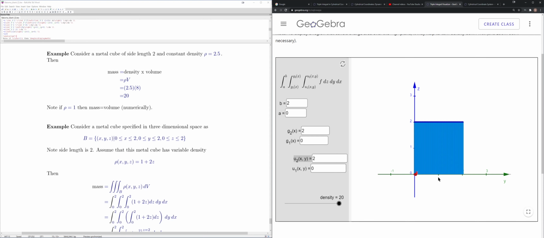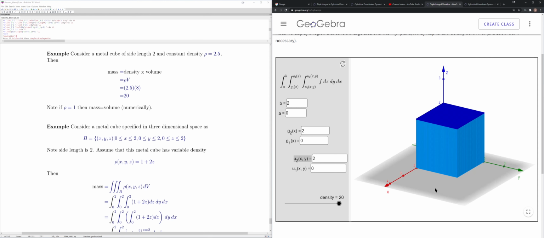So your density is increasing linearly with height over here. It's starting at 1 over here and then going up to 5 over here.